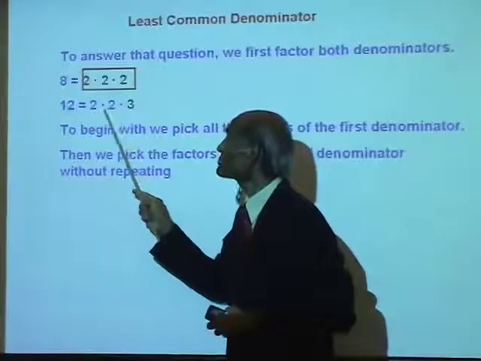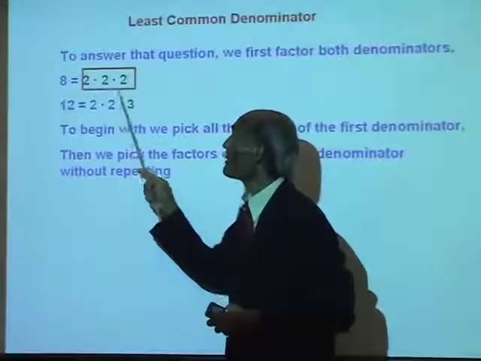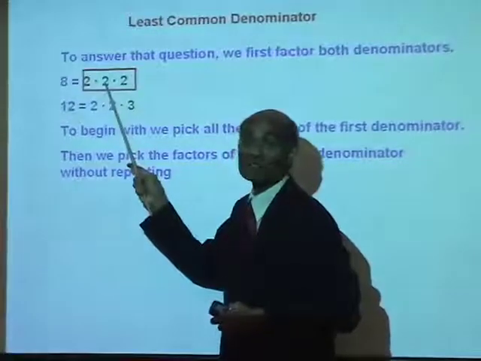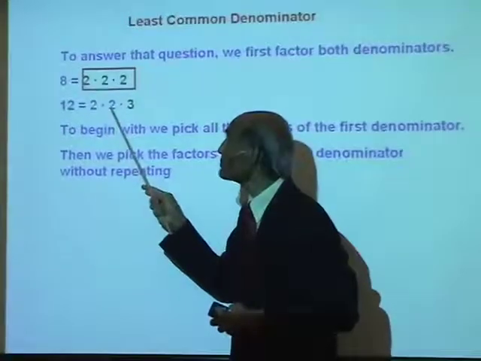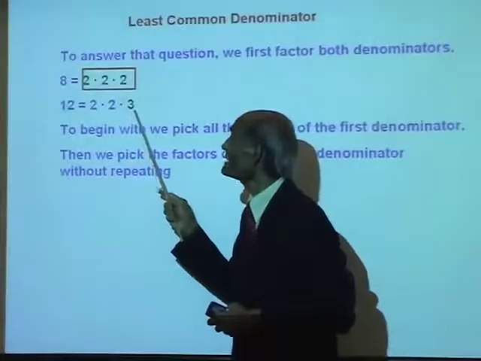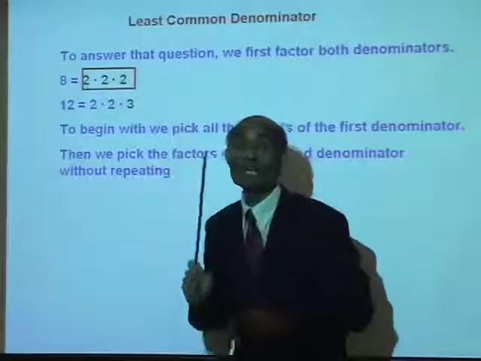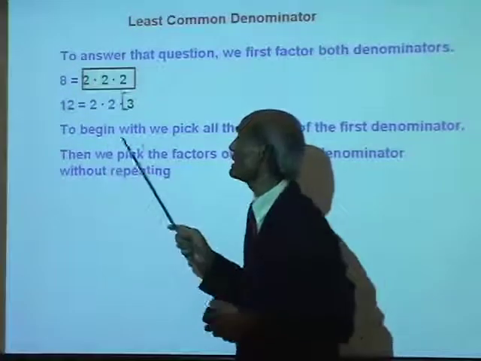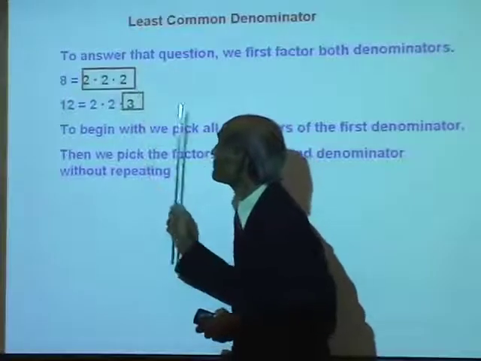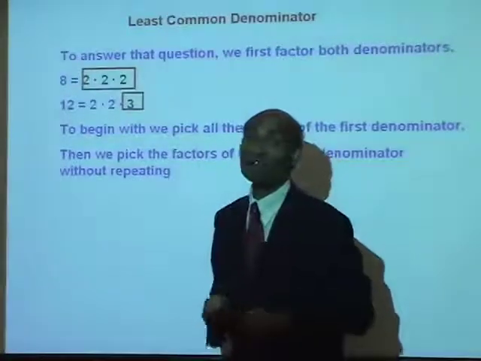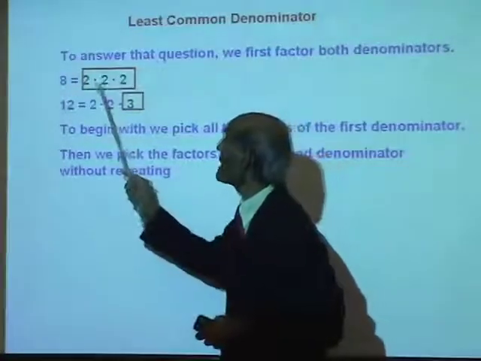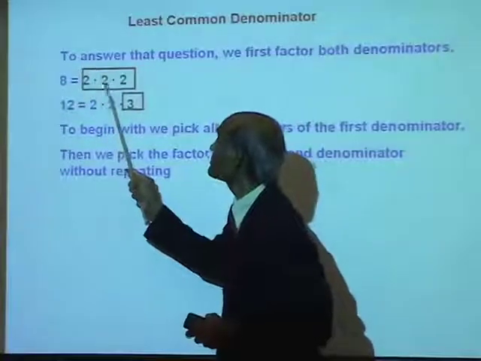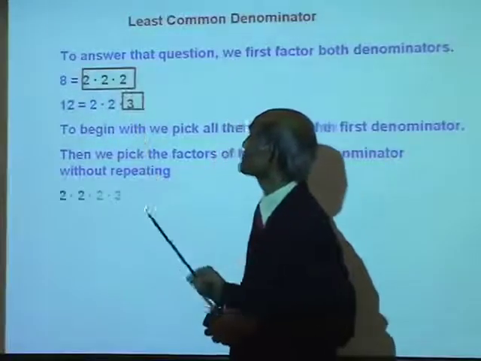Do we need that 2? No, we have also picked a second 2. So we don't need these 2s. But do we need that 3? Yes, because no 3 has been picked already. That means we need to pick that 3. That means our common denominator now should be 2 times 2 times 2 times 3.